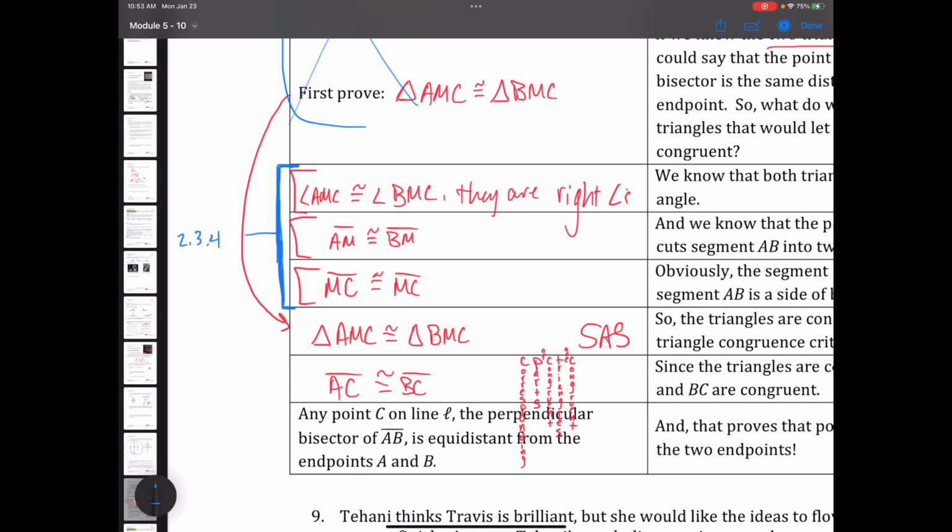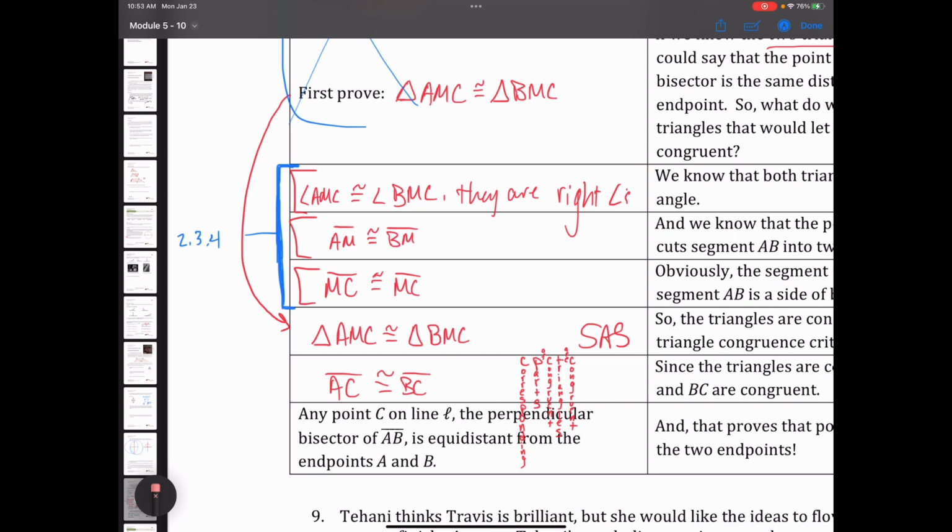Now, with those three down, what can we say about step number 5? Or what is step number 5? Prove that segment AC is congruent to BC. Wait, sorry, no. Isn't it the proof? I was not listening very well. So it's that third.